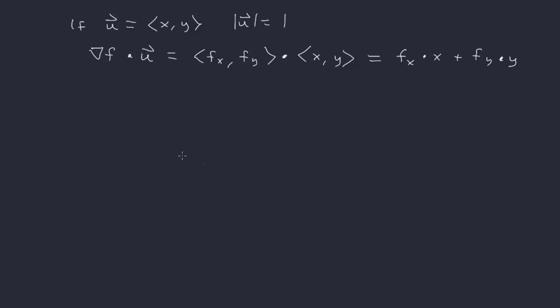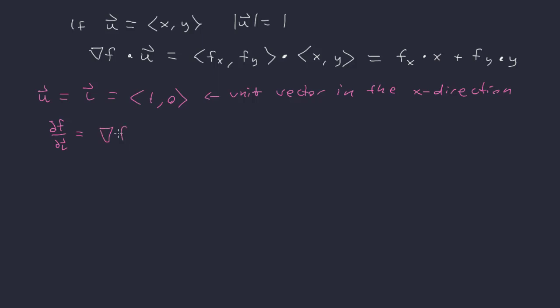All right, so before I do any examples, what I want to show you is what we get if, say, my u is i. So i, remember, is the vector 1, 0. This is the unit vector in the x direction. So if I want the directional derivative of f in the direction of i, that's going to be the gradient of f dot i.